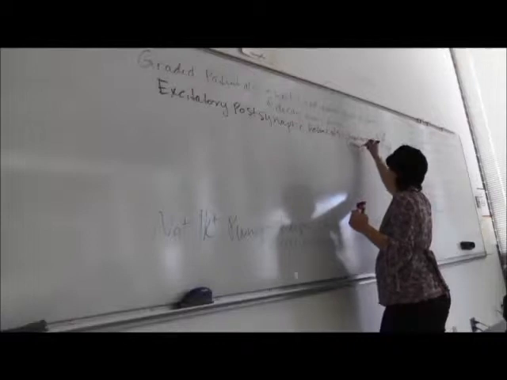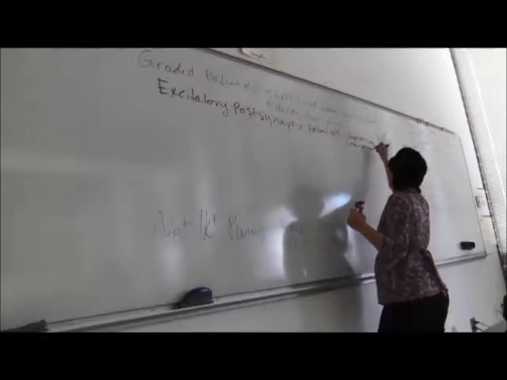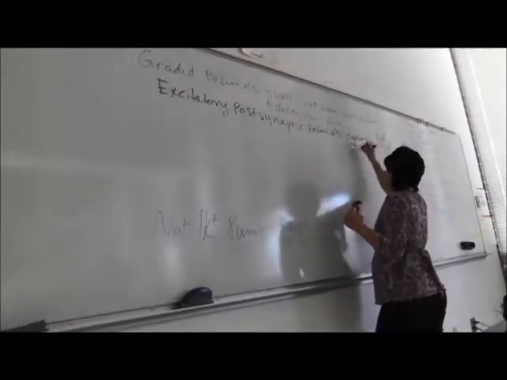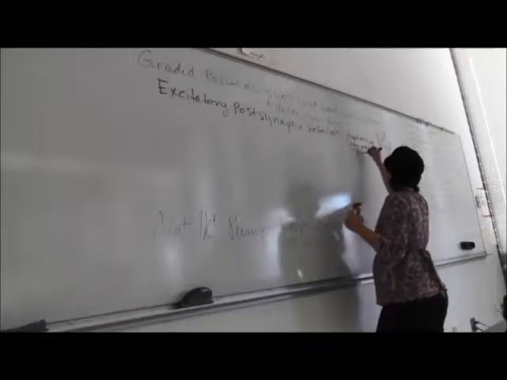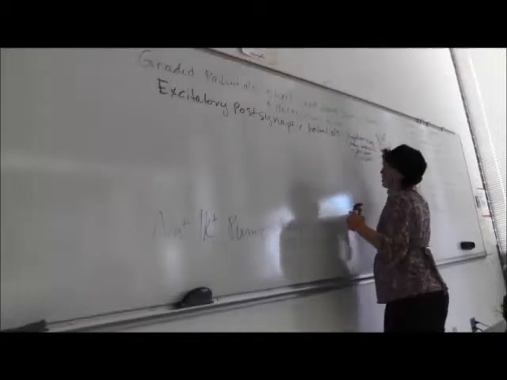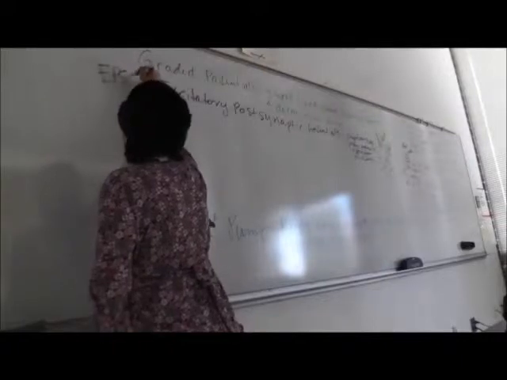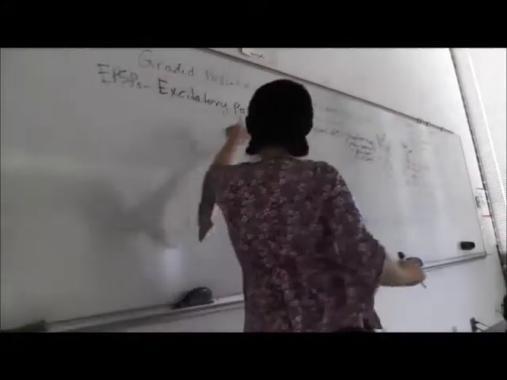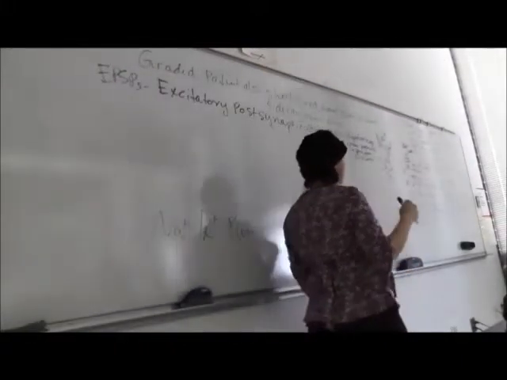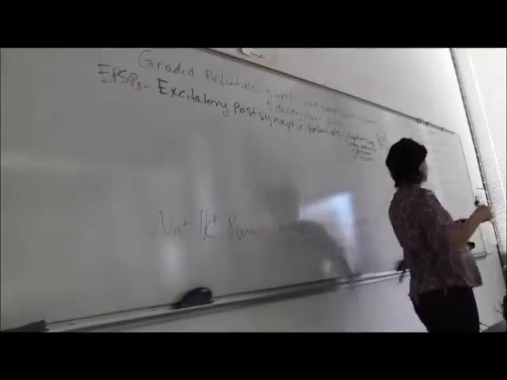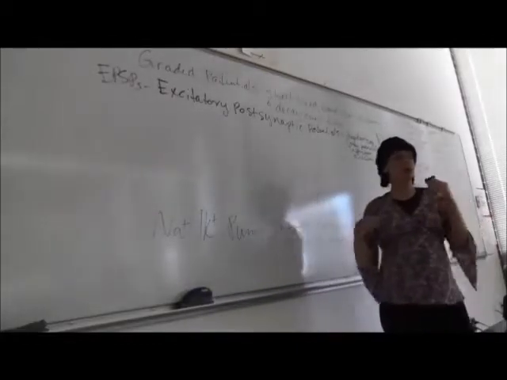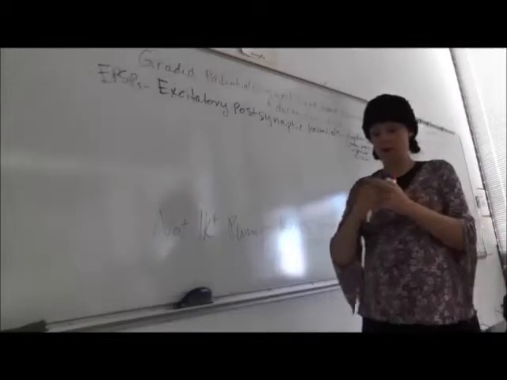So they move potential in the positive direction. And they're abbreviated EPSPs. So our excitatory postsynaptic potentials are little depolarizing events that move the potential in the positive direction so that we can get closer to threshold.